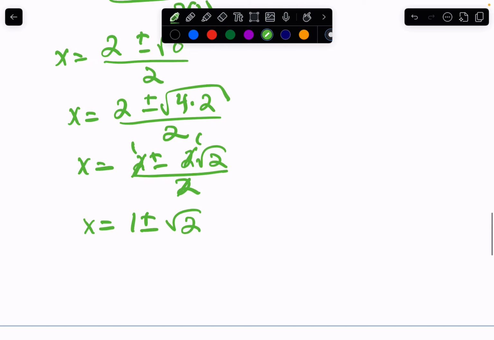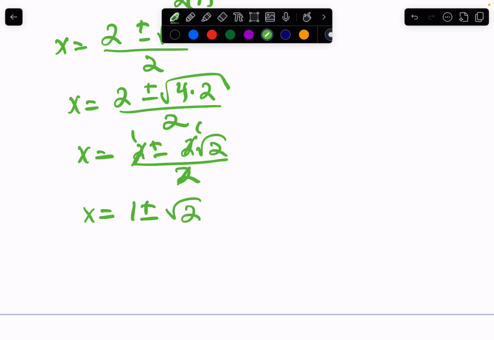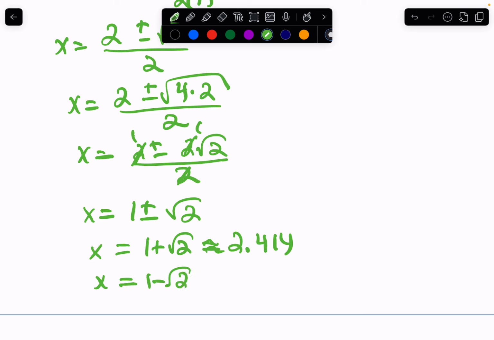Okay, now we need to check what these are. So 1 plus square root of 2 is going to be 2.414, and 1 minus square root of 2 is going to be negative 0.414.